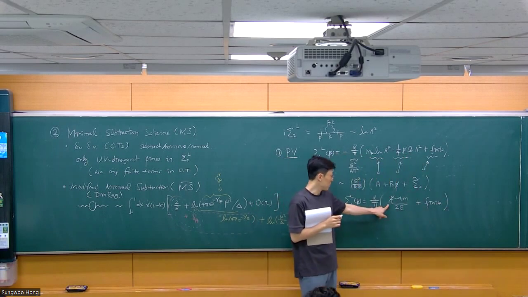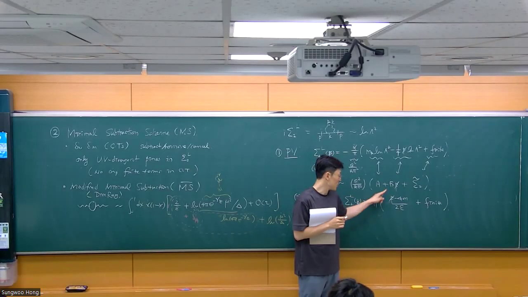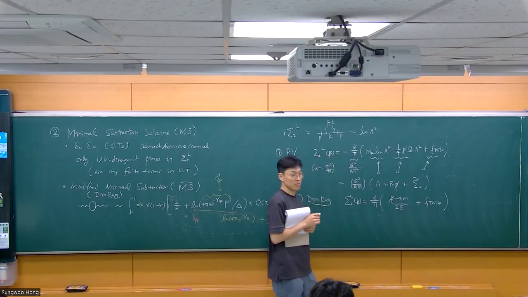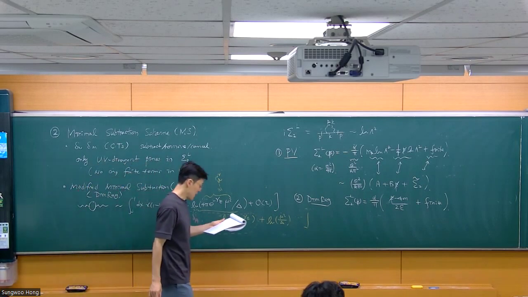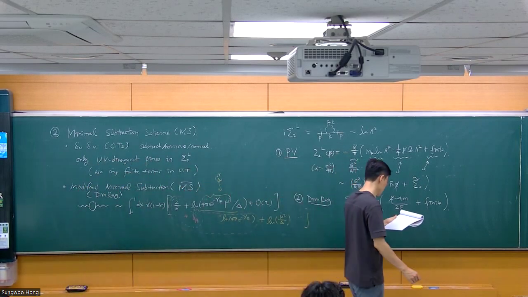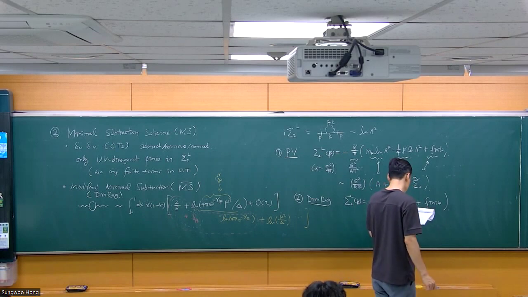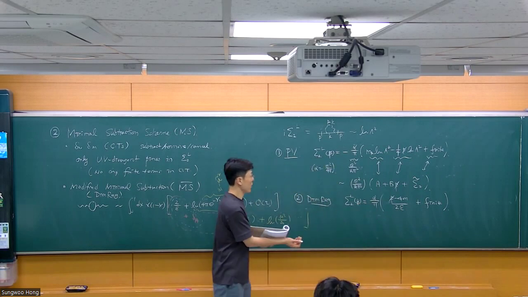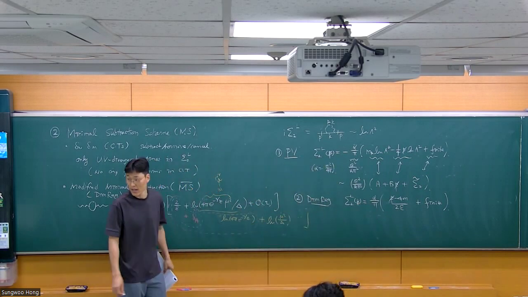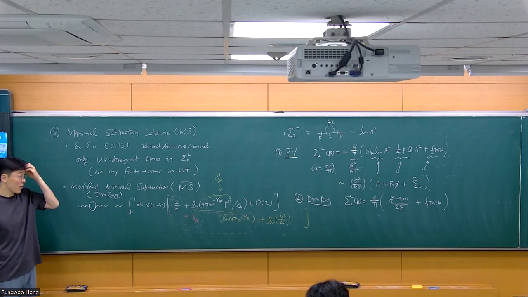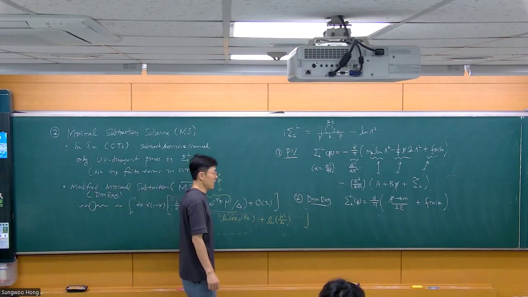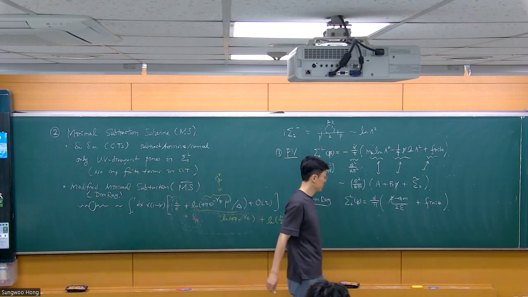So there's A plus B p-slash, which is UV divergent, and a finite piece. Okay? So let's just do the minimal subtraction in dim reg. Okay? Just to show how things work. Sorry, let's renormalize this thing using dim reg.